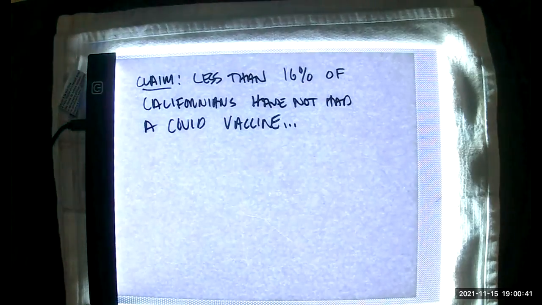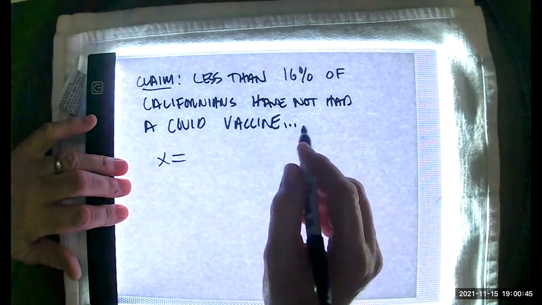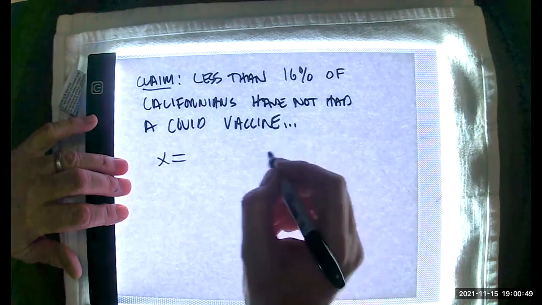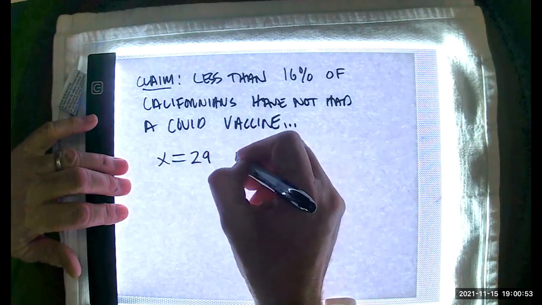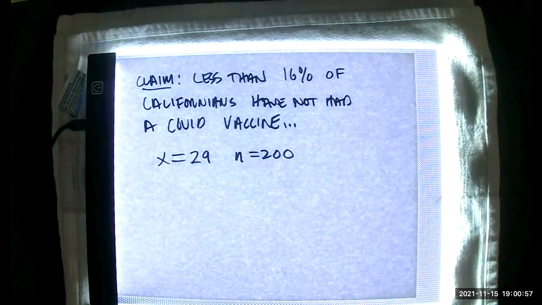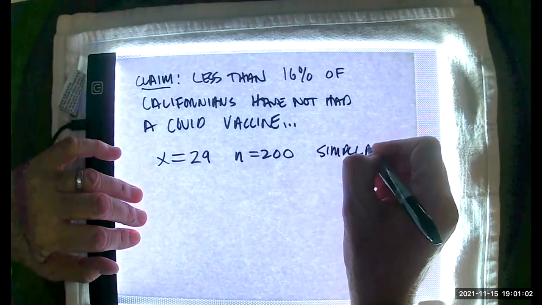Less than 16%. And we have some data. X is equal to 29 and N is equal to 200. All right. And this is from a simple random sample.